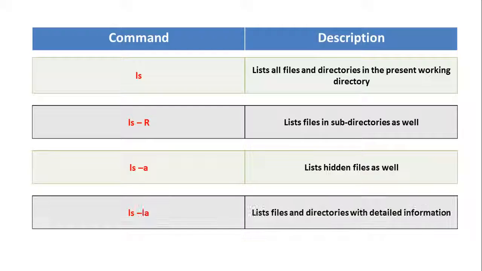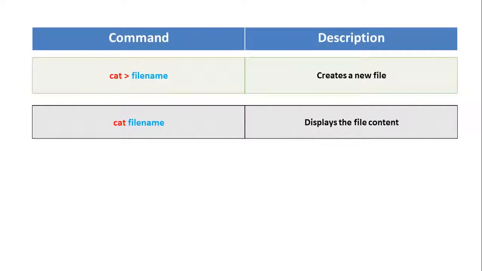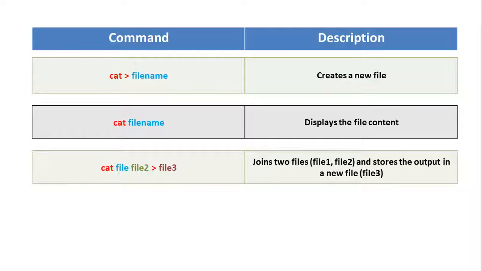The ls -la command lists files and directories with detailed information like permissions, size, owner, etc. The cat file name command creates a new file. The cat file name command displays the file content. Using this command, you can join two files and store the output in a new file.